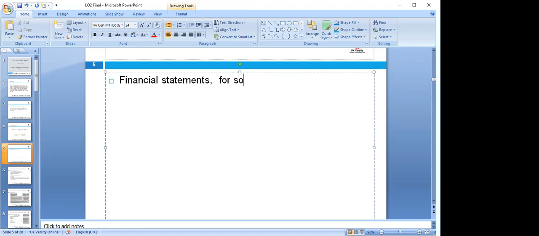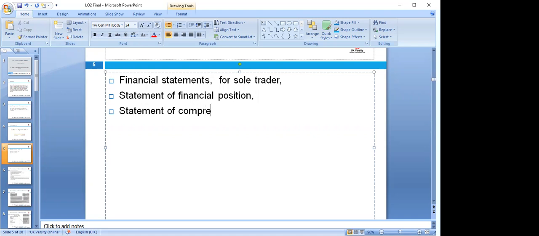So financial statements for a sole trader. What is meant by sole trader? A one person business. A sole trader prepares financial statements for their own purposes, and they have to prepare 2 most important statements: the statement of financial position and the statement of comprehensive income.